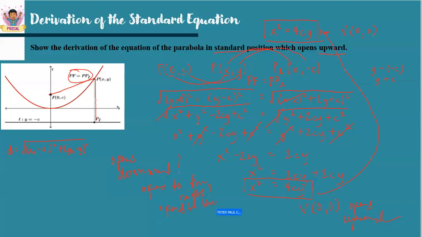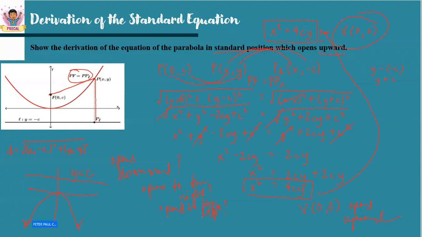Remember that you need to prove them using vertex at (0, 0). So try to articulate these problems, like the position of your directrix. Say, for example, if the parabola opens downward, then your directrix is y equals c.